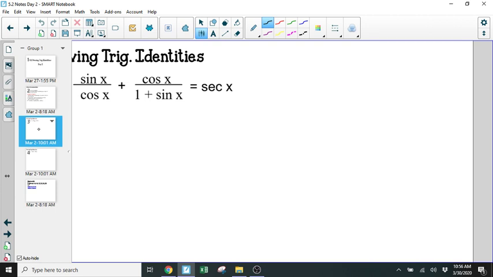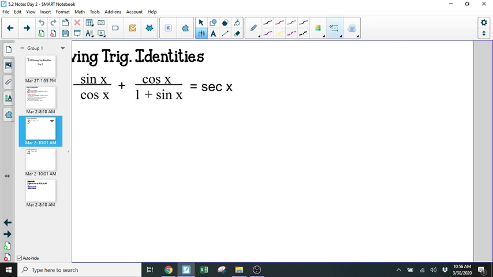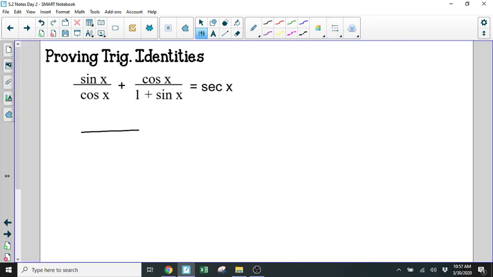One of those is to just make our common denominator all of every denominator. So we would have a cosine of x and a 1 plus sine of x.